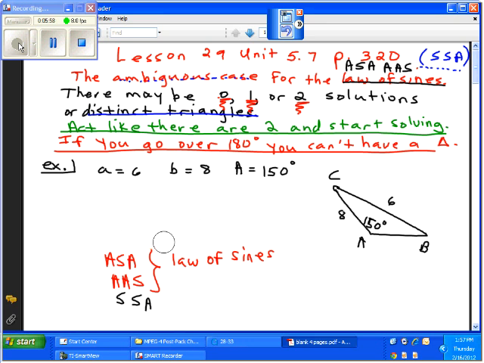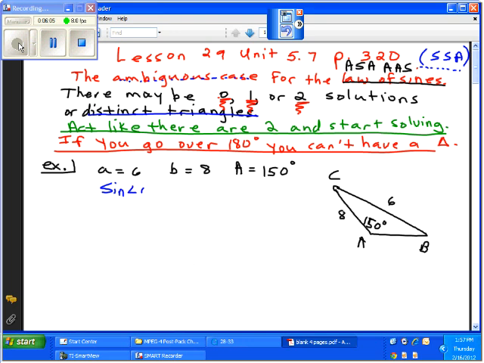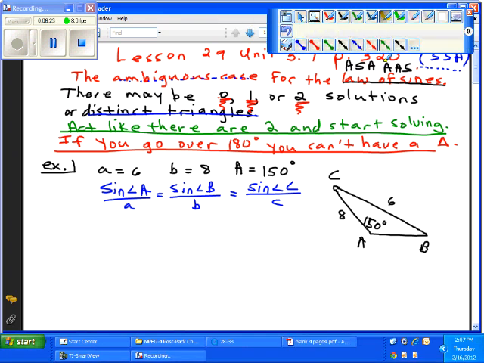Okay. So we're still dealing with the law of sines. The law of sines says that sine angle A over side A is equal to sine angle B over side B is equal to sine angle C over side C. Now, what we have given is side, angle.